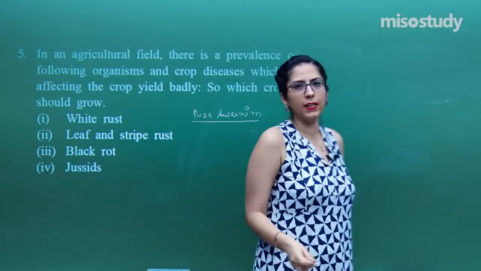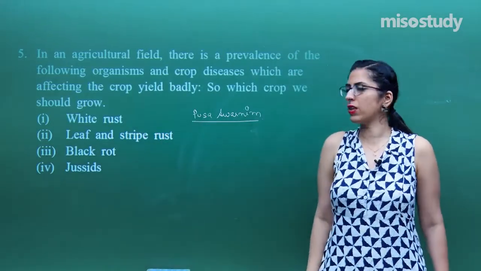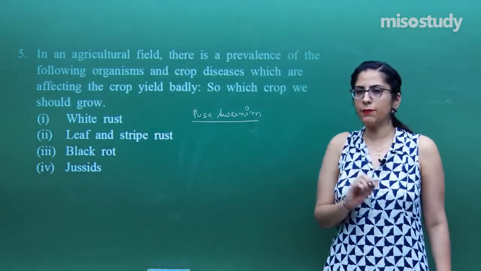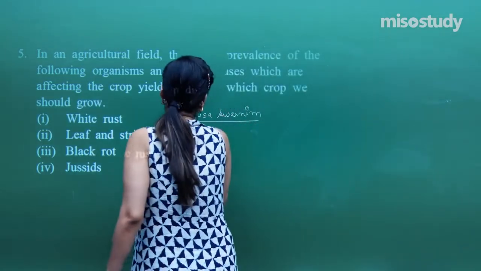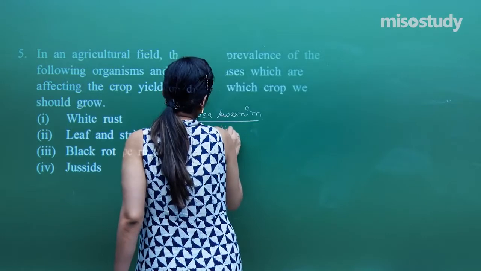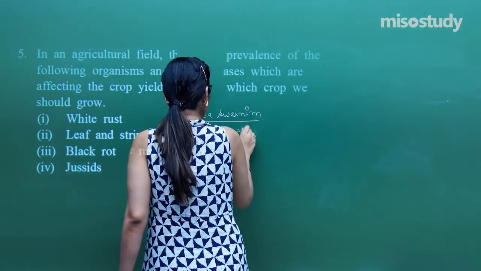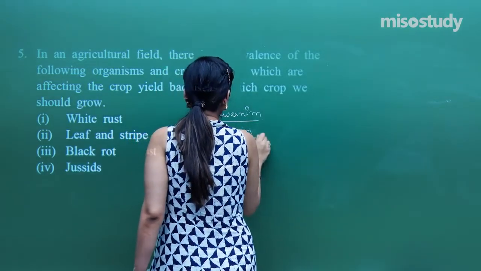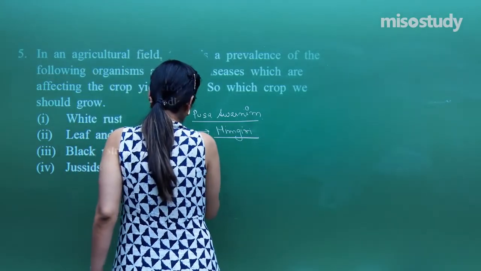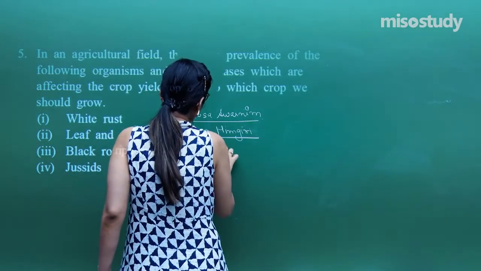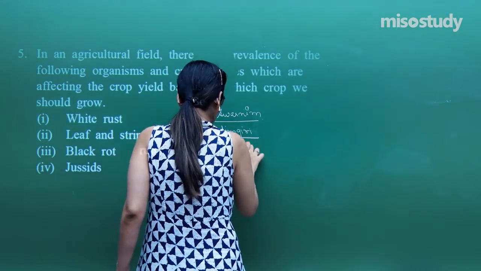Second, it is written the leaf and stripe rust disease. In the first 1 mark question we have discussed, the variety which is available is called Himgiri. Now, let us talk about the third, which is black rot, which is Pusa Shubhra.